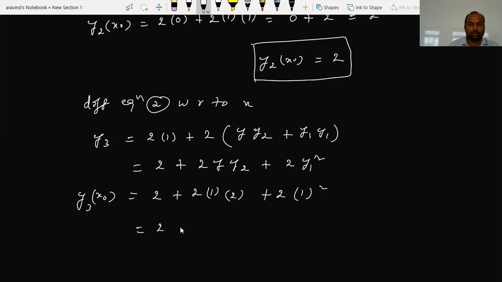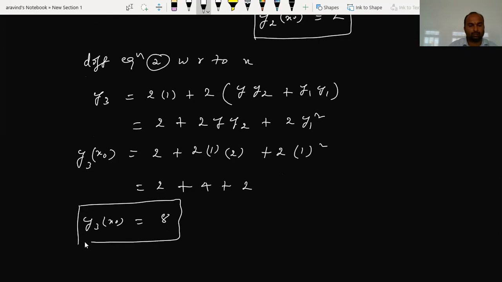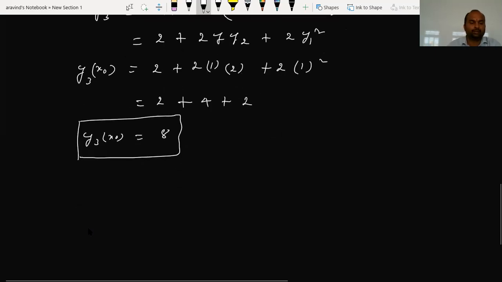This will be 2 plus 4 plus 2. So what you will get? It is 8. So y3 of x naught is 8. So we got all the three derivatives because in this example it is told that you have to consider up to third degree. So now I will write the Taylor series formula.